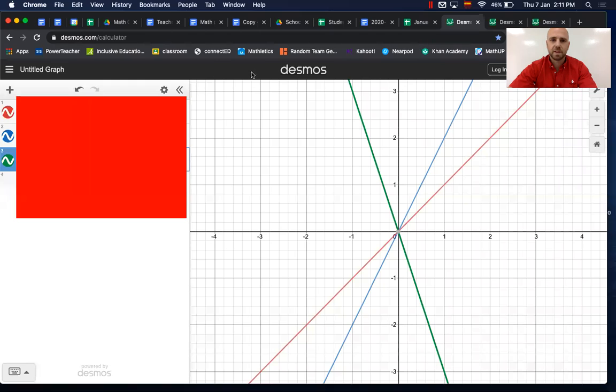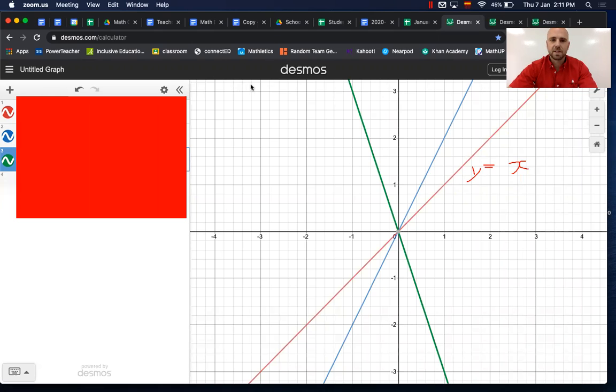I'll continue to use the annotate here. Some of you might be able to understand that if it's increasing by 1 for every time it goes right, that means my numerical coefficient is going to be 1 times x, or we can say y equals 1x, or I can actually just get rid of the 1 and say y equals x. So that ends up working out.